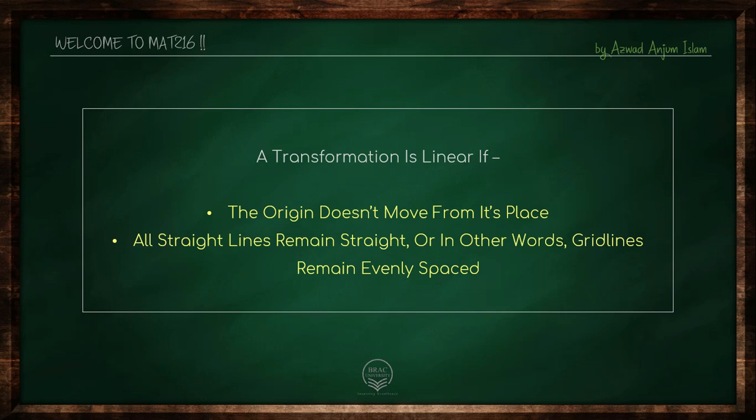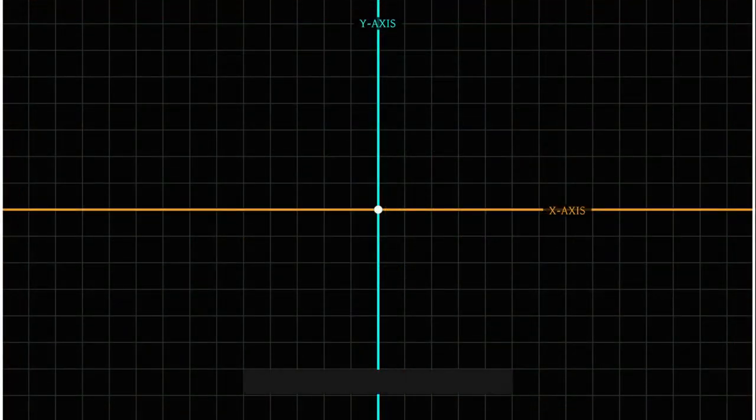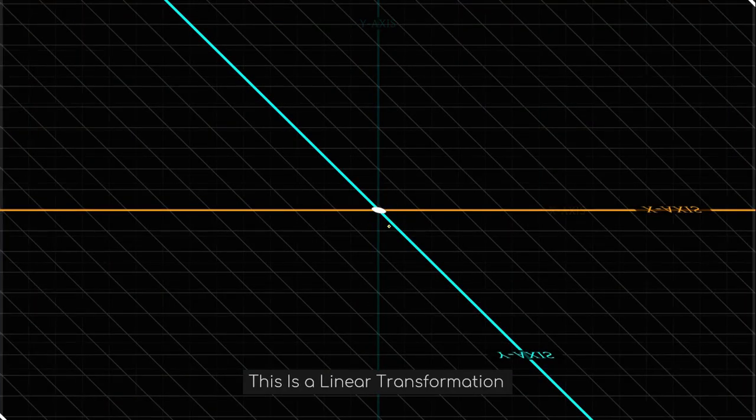In light of these two new properties that we derived from our two old properties, we can say that this is a linear transformation because the origin is in its place, and although the y-axis has become slanted, the lines parallel to the y-axis are still parallel and evenly spaced, so the distance from here to here is the same as the distance from here to here.